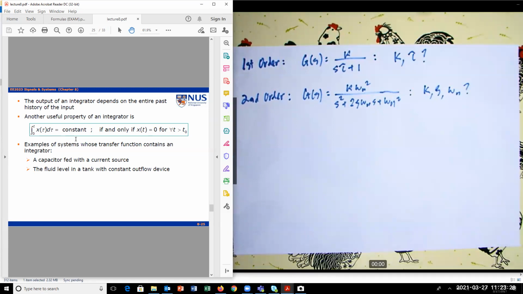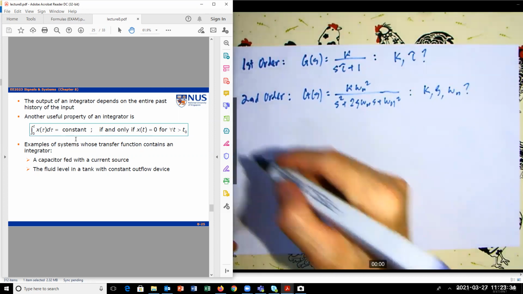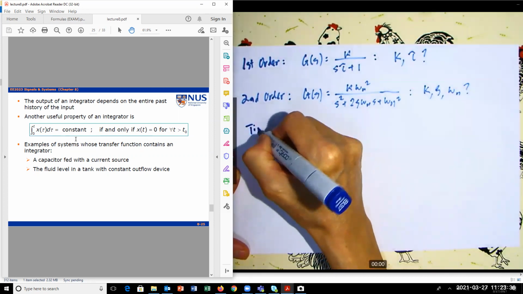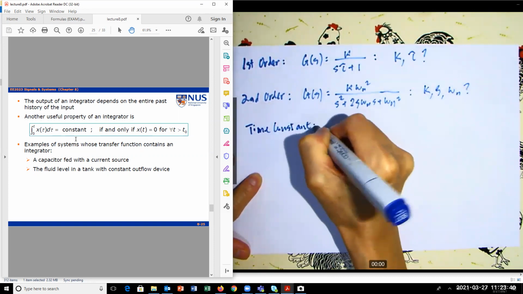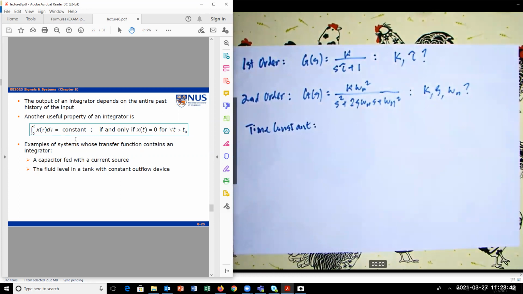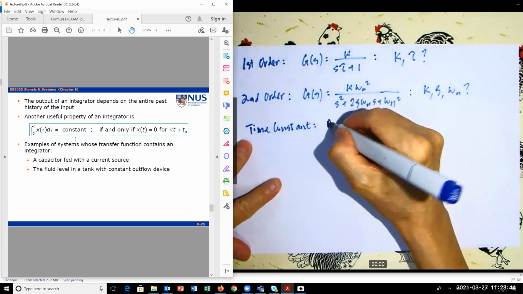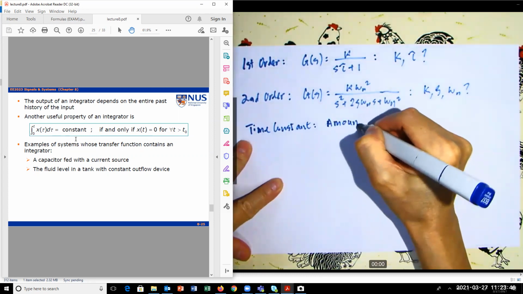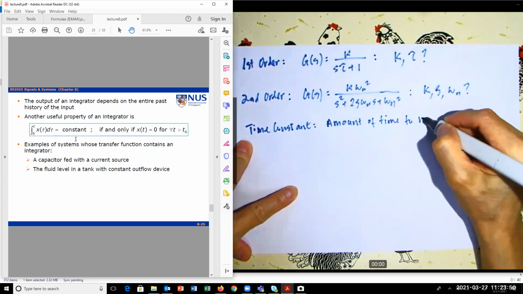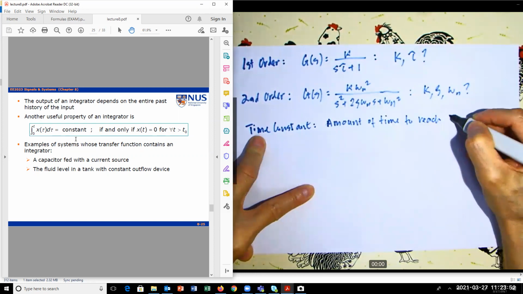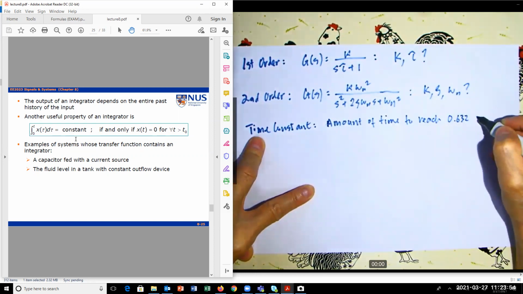Now, to help us do this, one of the things that we did was to introduce the concept of time constant. The time constant is the amount of time to reach 0.632 of steady state.